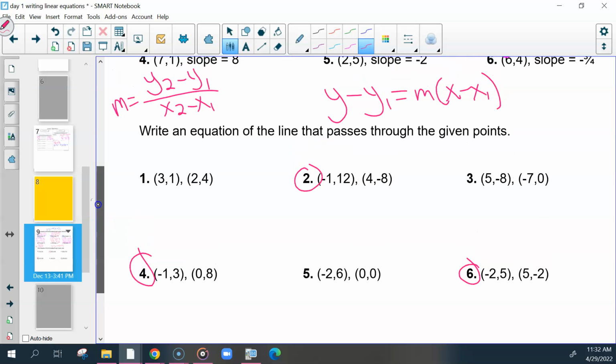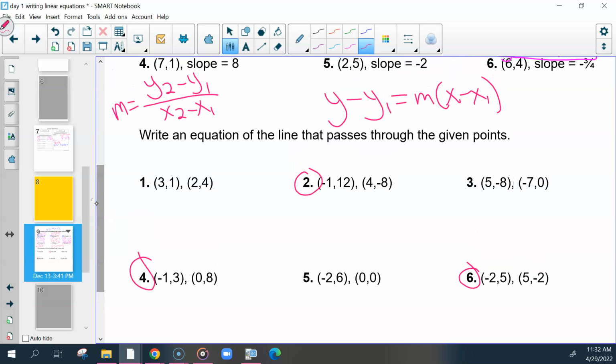So for number 2, if we are finding our slope, we're going to use this. Remember that you can label these x1, y1, x2, y2. It helps you remember. And then we would start with y2, so -8, and we're subtracting y1, so -12, over x2, so 4, minus x1, so minus a -1.